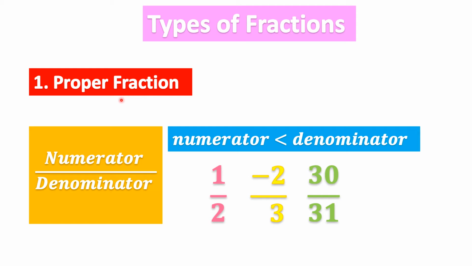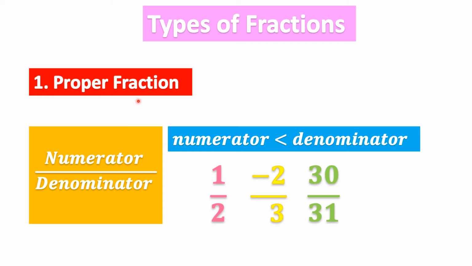A proper fraction is a fraction of the form numerator by denominator, and it has a speciality. What is the speciality? Numerator is always less than the denominator. So numerator will always be a smaller number than the denominator, okay? So that is called a proper fraction.